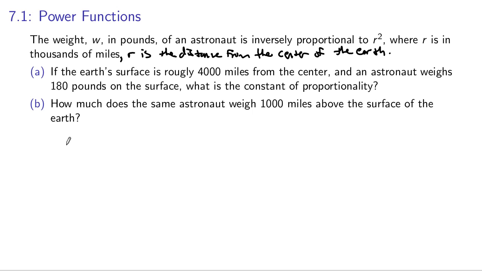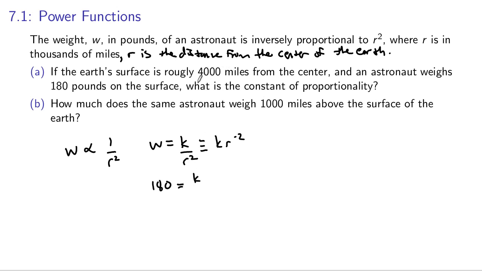Okay, so first of all, let's write an equation from the statement above. The weight W is inversely proportional to r squared. So we know the weight is some constant times r to the negative 2, which we can think of as dividing by r squared. These are equivalent by the rules of exponents. So we know that when the astronaut is at the surface of the Earth, he weighs, or she weighs, 180 pounds.